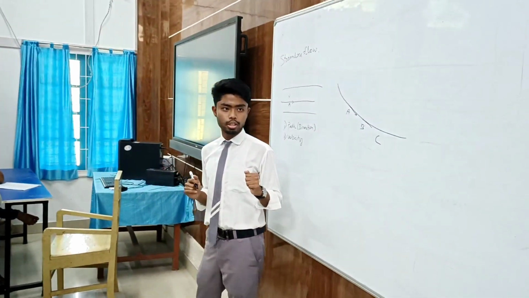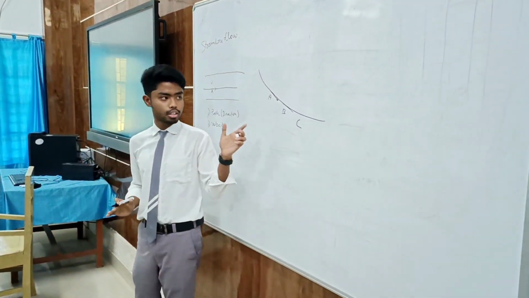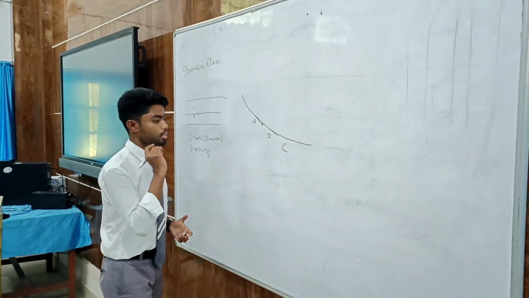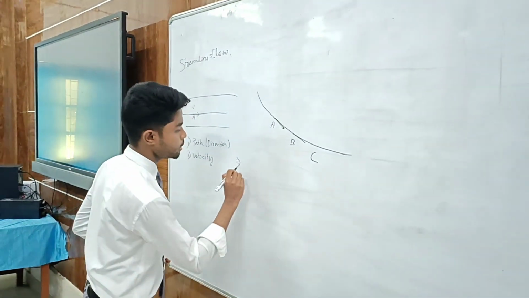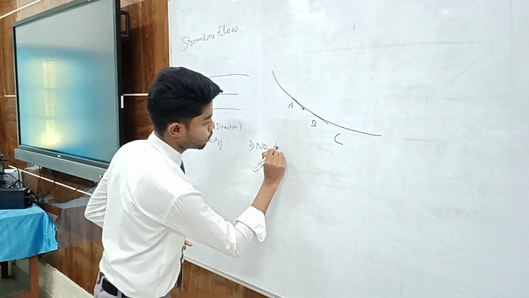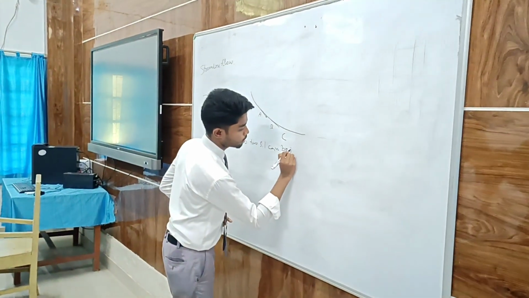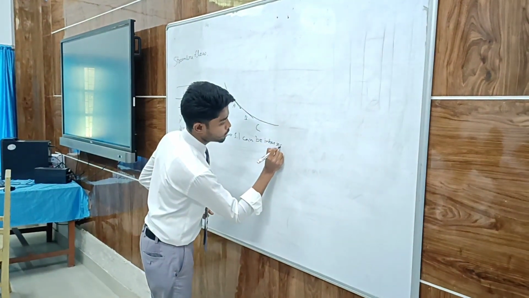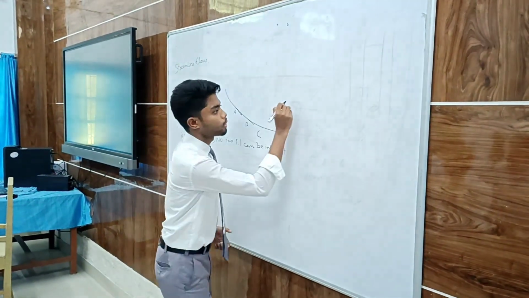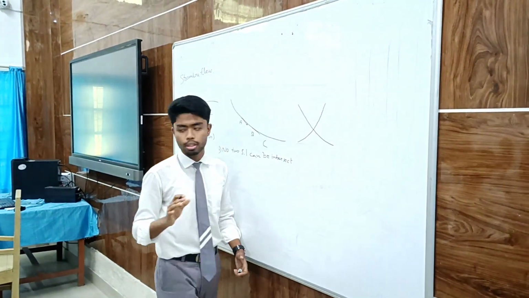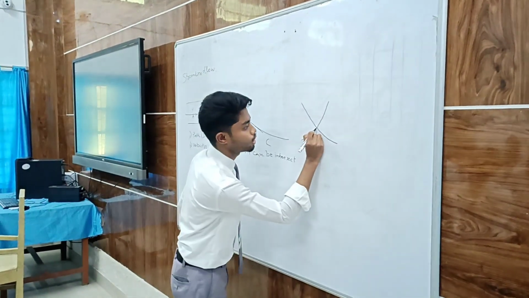Now the properties of streamline path. The number one property is this one. The second property of streamline flow is that no two streamlines can intersect. Suppose this is one streamline and this is another streamline, and these two streamlines intersect at this particular point.